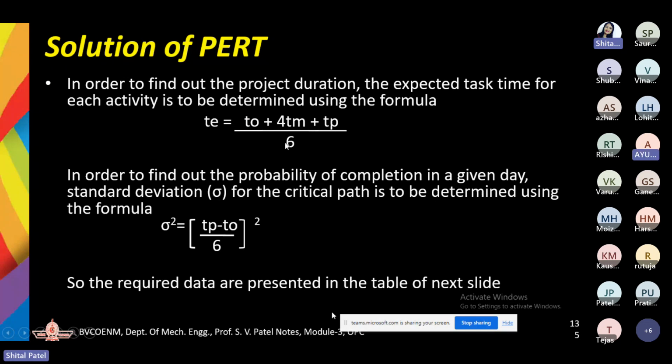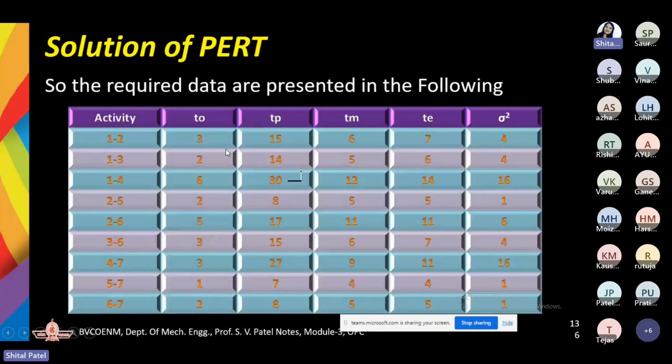So implementing it, for activity 1 to 2, what will be the TE? TO, that is 3, plus TP 15, plus 4 times this TM, that is 4 into 6. Now sum it up and divide by 6, so you will get 7.